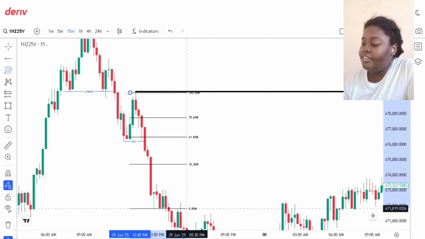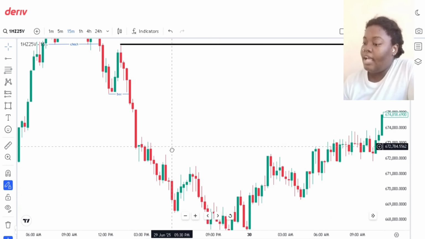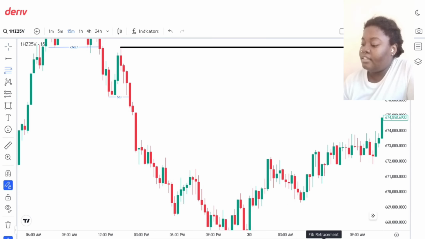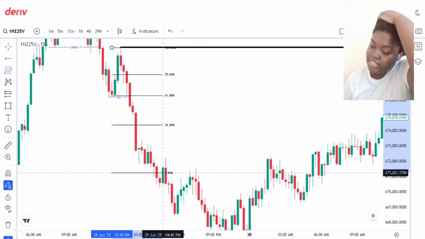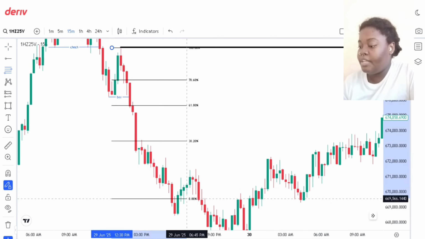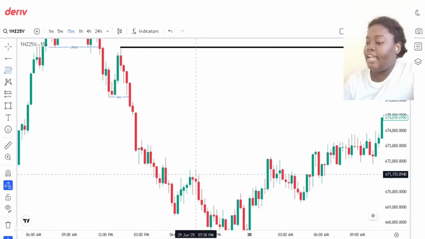No, this is not valid right here. That one was not valid. Let's start again. The market progresses, it breaks, it's continuing down, not valid, not valid at this pullback either. You see, this did not make it to the 38, so that's not valid either.